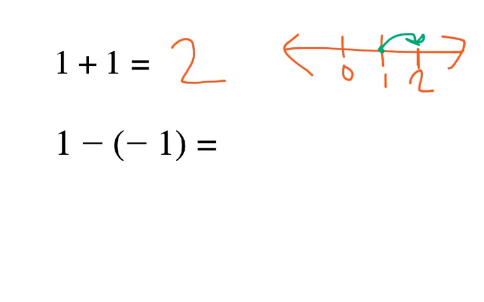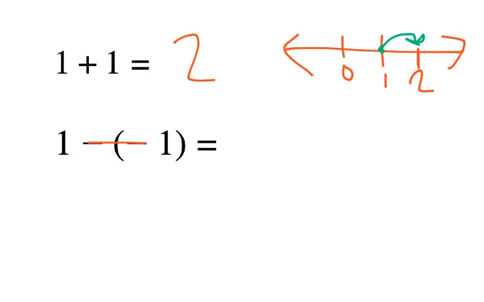Now, if I am subtracting a negative 1, I can think of that as this negative means the opposite. So the opposite of negative is positive, and so it essentially becomes 1 plus 1. Subtracting a negative is the same as adding. So that becomes plus 1, 1 plus 1.